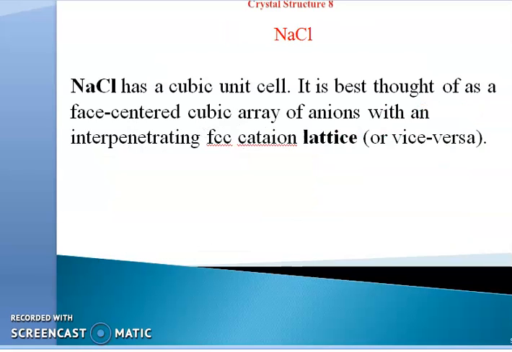Sodium chloride has a cubic unit cell. We have seen various unit cells. It is best thought of as a face-centered cubic array of anions with an interpenetrating FCC cations lattice.